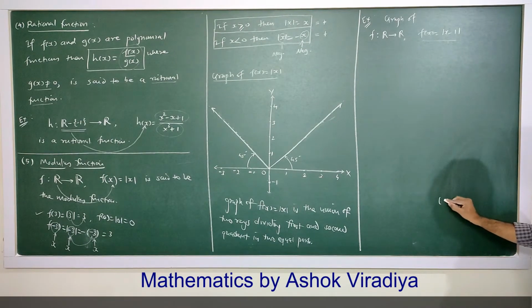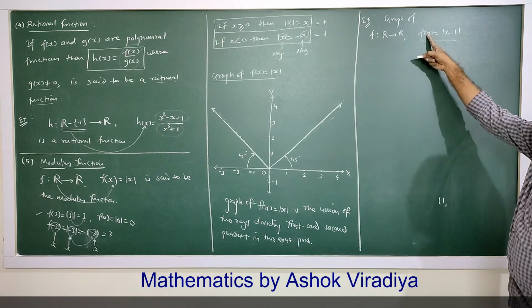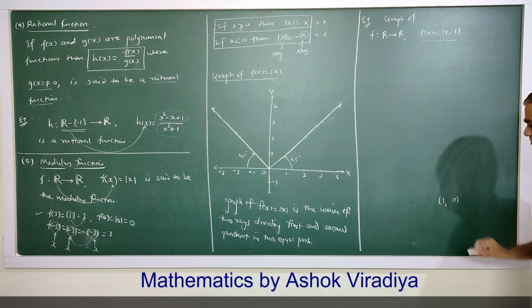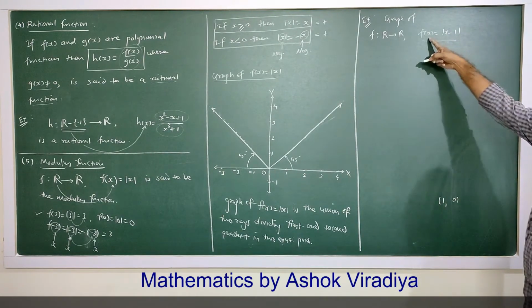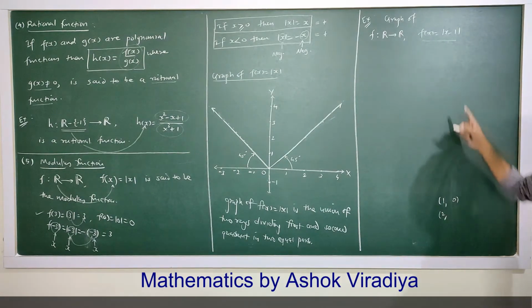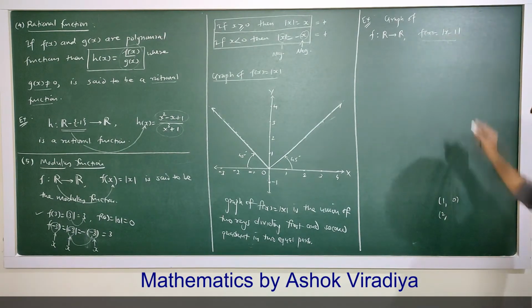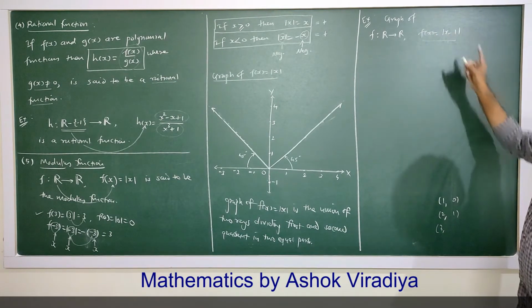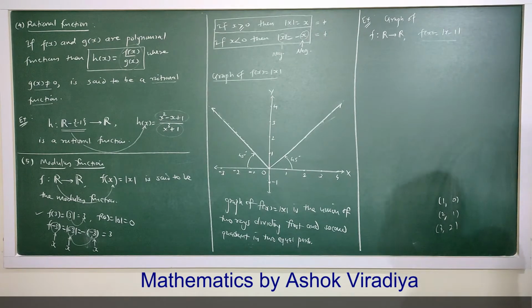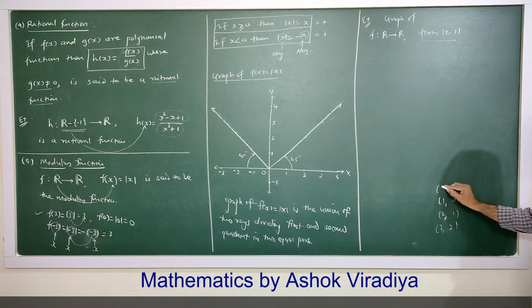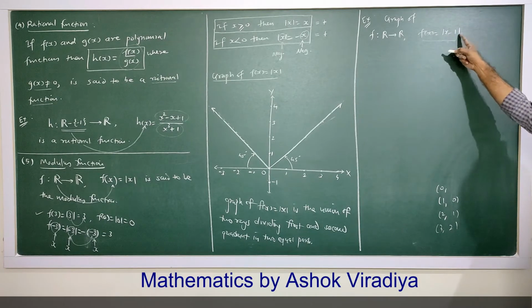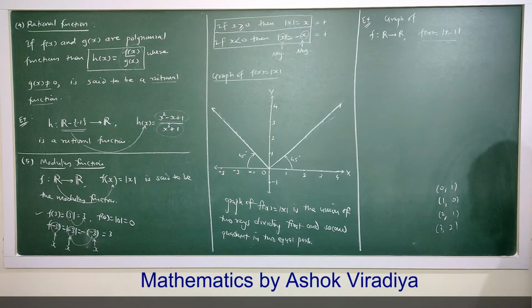See, if x is 1, put here 1. So 1 minus 1 is 0. Put x equal to 2. 2 minus 1 is 1. Put x equal to 3. 3 minus 1 is 2. Put x equal to 0. Put here 0. So modulus of minus 1 is 1.